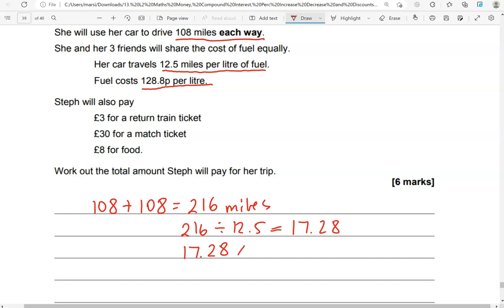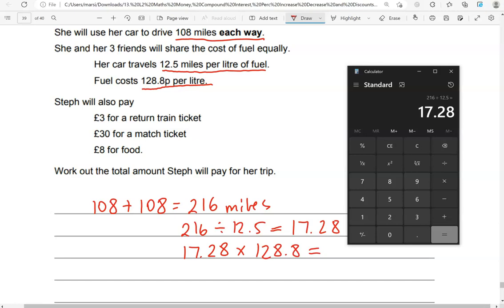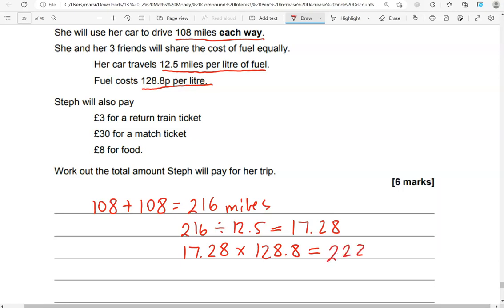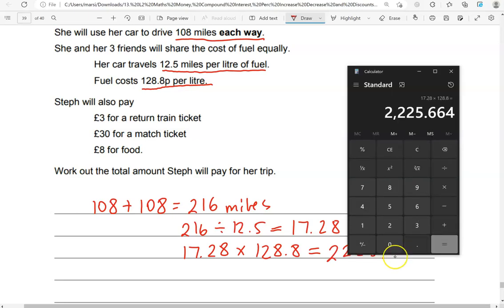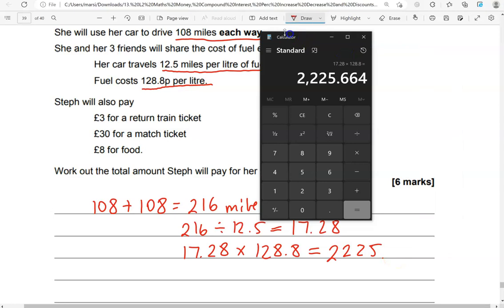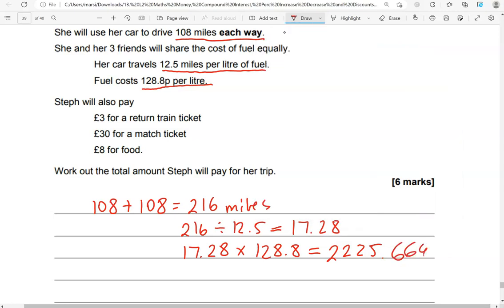17.28 now, multiplied by 128.8 should give us the cost in pence. So that is 2,225.664 pence.